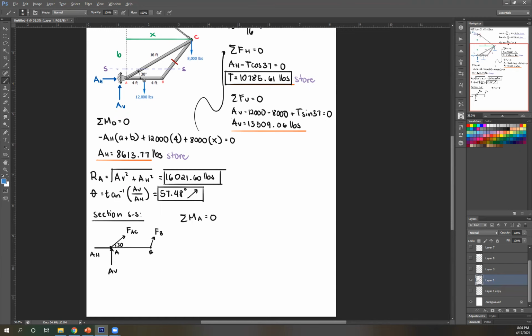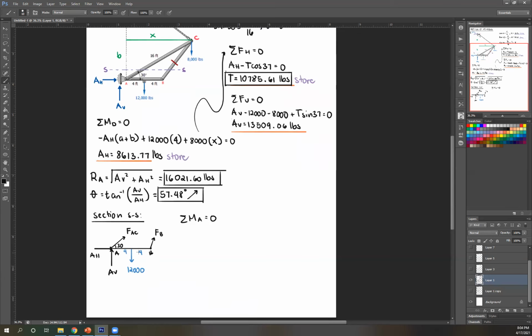Oh, don't forget we have an external force here. So this is 12,000 pounds. And then this is 4. So all of these forces pass through A. So ignoring that, next we have 12,000. Rotate it about A, that's clockwise. So that's 12, 1, 2, 3. Perpendicular distance from point A, that's 4.